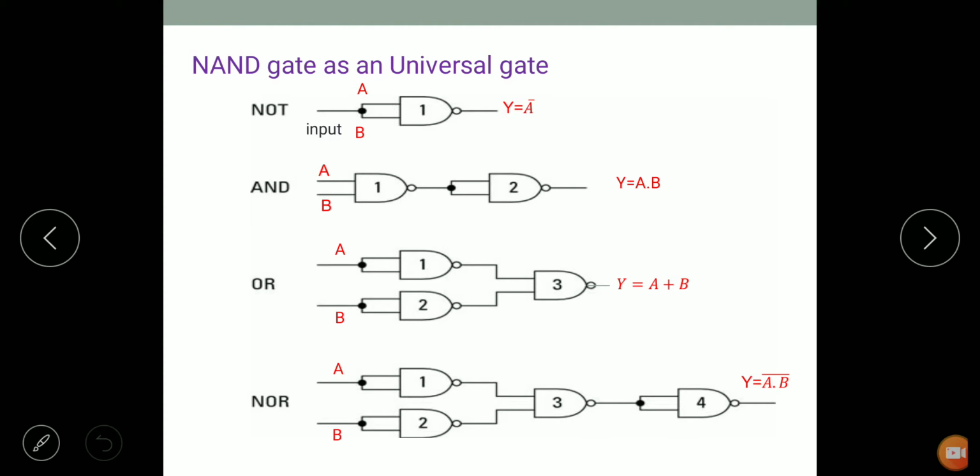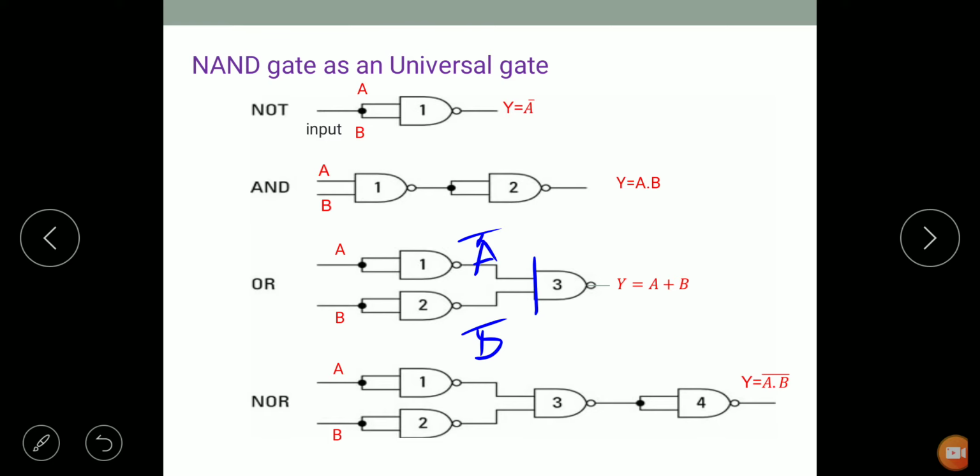At the output, the first NAND gate gives A bar, and the second NAND gate output is B bar. Both of these become the inputs for the third NAND gate.